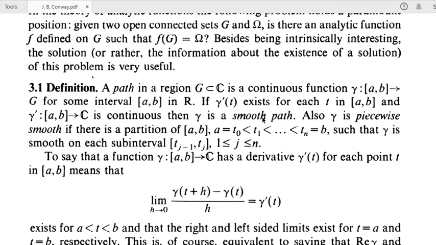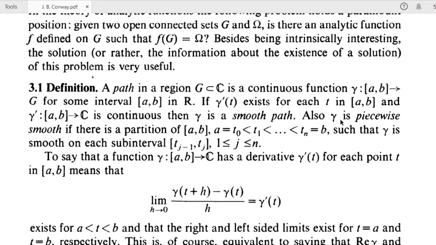For a smooth path, we need a continuous function gamma from the closed interval [a, b] to G, and gamma dash of t, the derivative of gamma of t, should exist for every t inside the domain, and the derivative function should be continuous. Then we call gamma a smooth path.